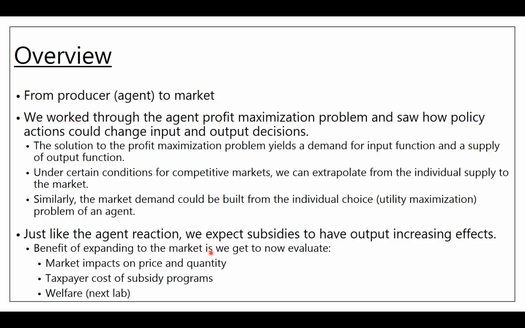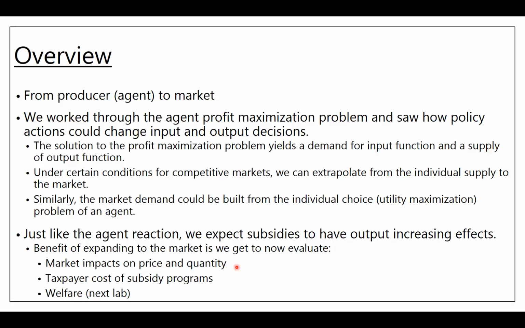The benefit of going to the market is now that we get some extra measures that are, of course, much more interesting. Now, instead of saying this producer is a price taker, we could say that the market simultaneously determines price and quantity. So we get this effect of scaling up all the producers.